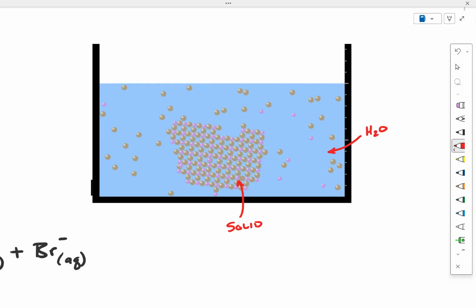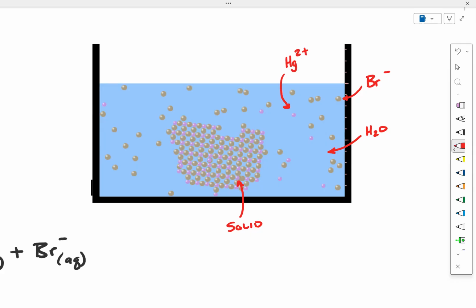And then in the water, we see these solo brown spheres and purple spheres. Based on the amount of these, I can tell the brown ones must be the bromide ions. Looks like there's more of those. And the purple ones would be the mercury 2 ions. Mercury 2 is a 2+.